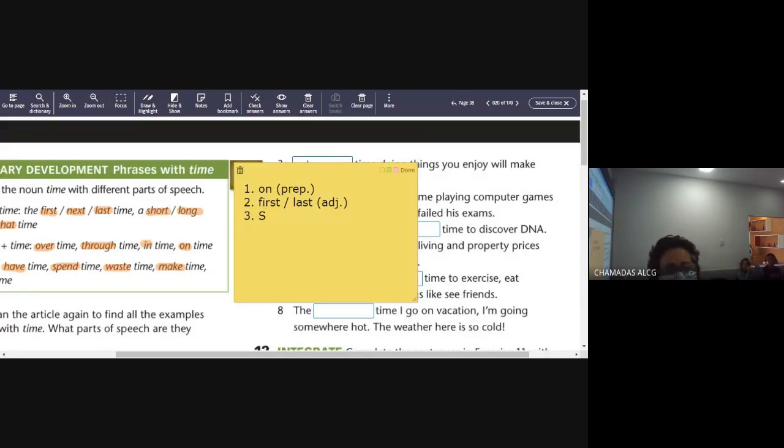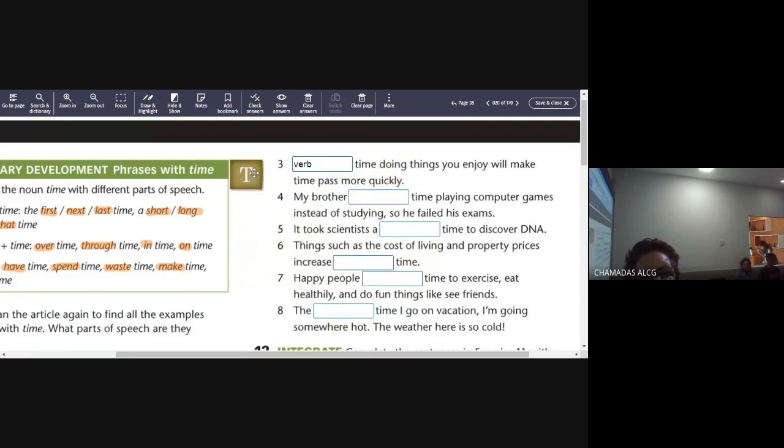And it's the first word, so capital letter. And then we use a gerund, okay? Spending time, okay? Doing things you enjoy.